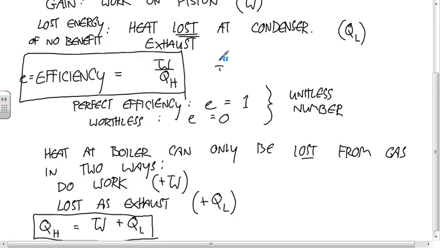And you can combine these. To make reference to these, let's call this one star, this one double star. So you can combine star and double star this way.